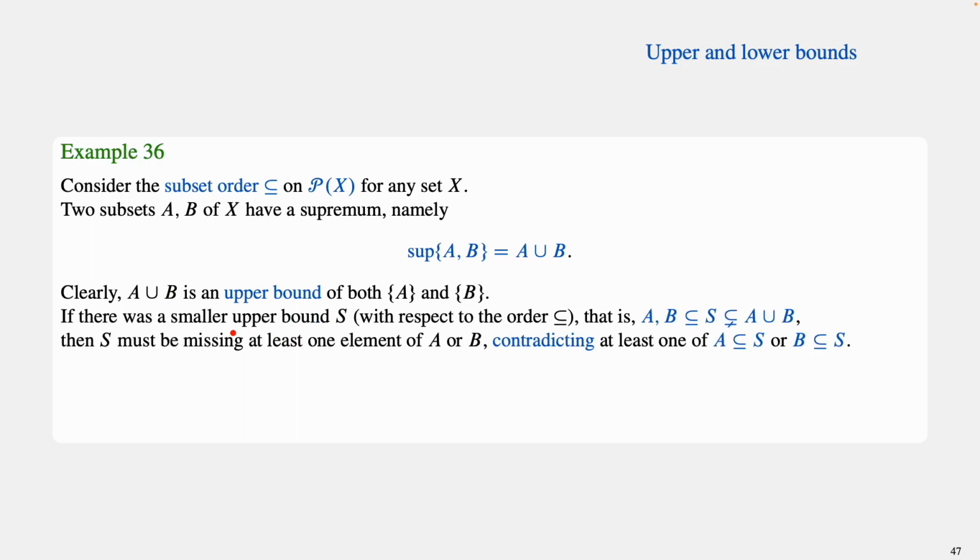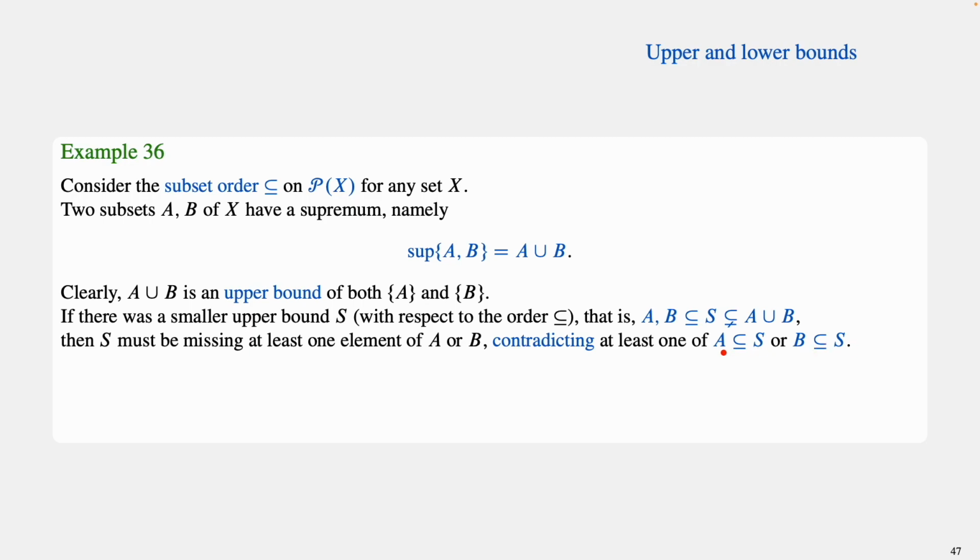And if there was a smaller upper bound, let's call it S, with respect to the subset order, then we would have the following: A and B subset equal to S, which would be a proper subset of A union B. But if this was the case, then there must be at least one element of A or B which is not contained in S, because A union B is just the set containing all the elements which are either in A or in B. So one of the elements of A or B would not be contained in S, but that would contradict one of these two.